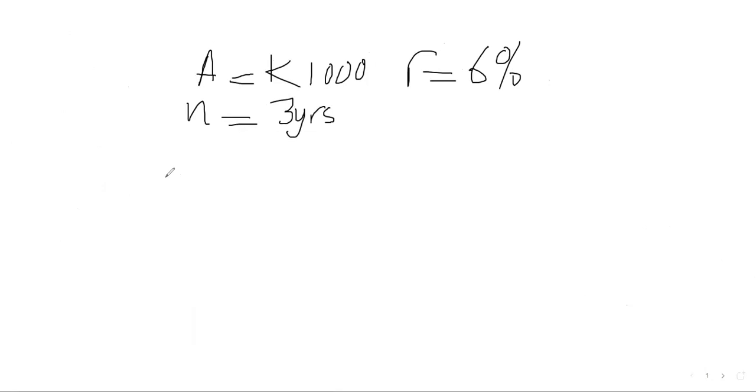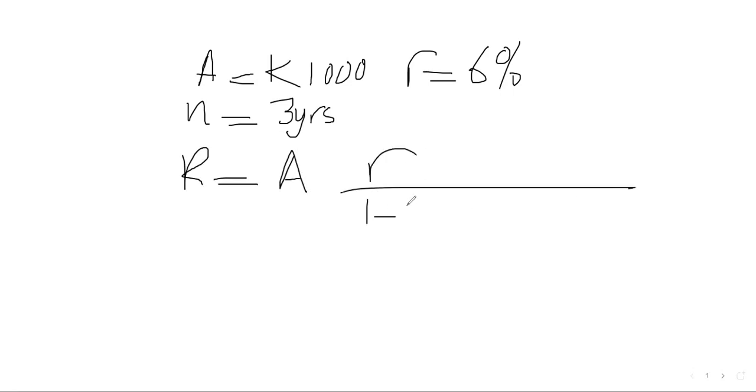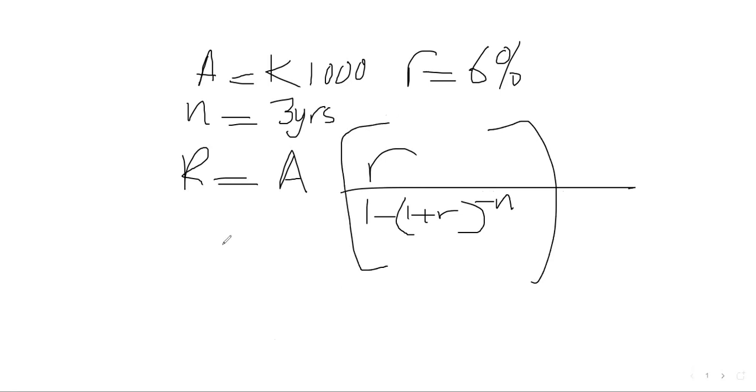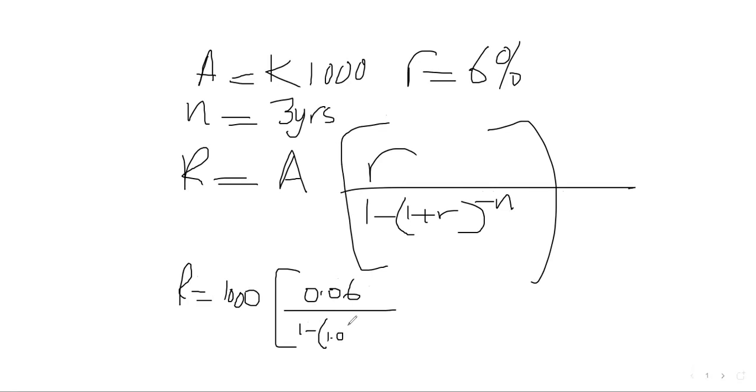So you can find the periodic repayment, R, which is equal to the amount times r over 1 minus (1 plus r) to the power negative N. This is the formula to use for periodic repayment. So R equals 1,000 times 0.06 over 1 minus 1.06 to the power negative 3.